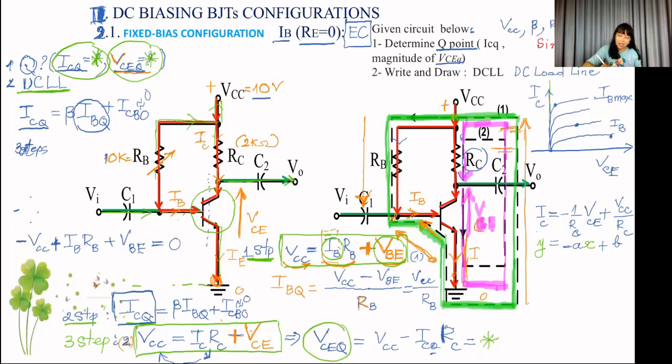This is Y, right? And the parameter of this equation, this is X, right? This is the volt ampere characteristic output.